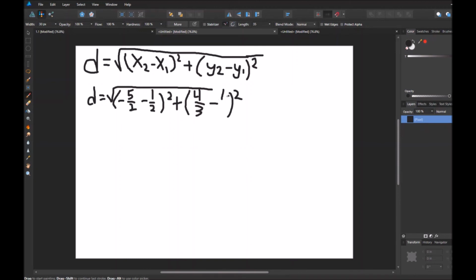Now notice that these two denominators are not the same. Since it's 1, it's technically 1 over 1, and you cannot subtract fractions unless they have a common denominator, which means their denominators have to be the same. So in order to get 1 over 1 to have a denominator of 3, we have to multiply this whole fraction by 3 over 3 to get 3 over 3.